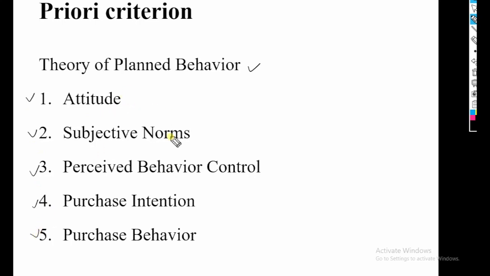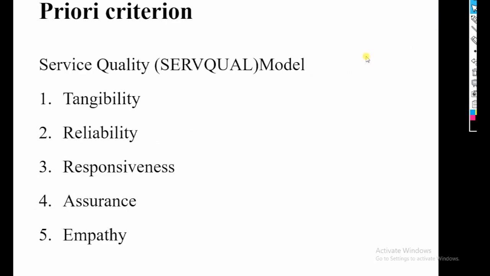On the basis of previous studies we can select the number of factors. The same applies to the SERVQUAL model, where we can explain the phenomenon using 5 components: tangibles, reliability, responsiveness, assurance, and empathy.